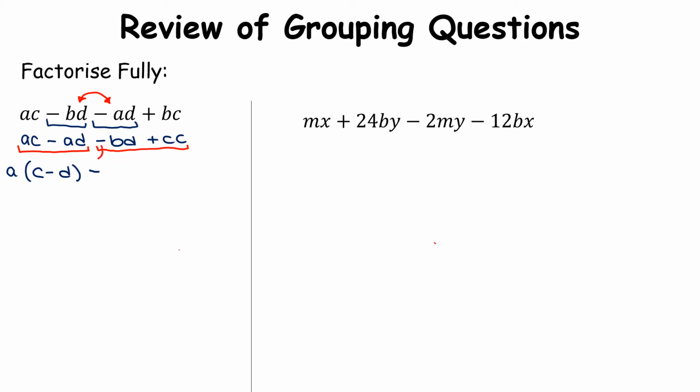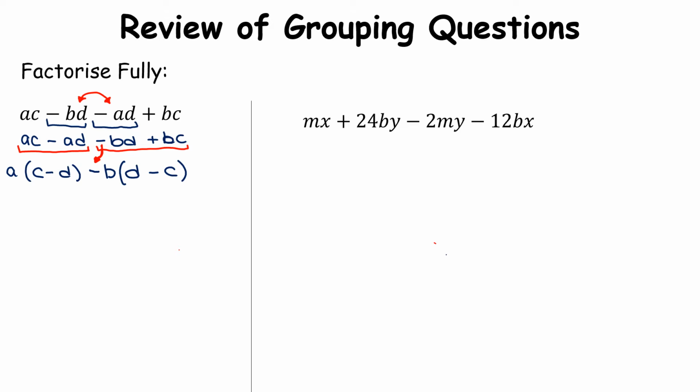So we pull down that minus, okay? It may be wrong and we'll have to check it, but it'll work in the majority of cases. Oh, I had accidentally written CC, that should be BC. So we have a B common, and that leaves us with D minus C. Now really watch your signs here, because if I am multiplying minus B by something to get BC, it would have to be a minus C. At this point I check, are my brackets the same?